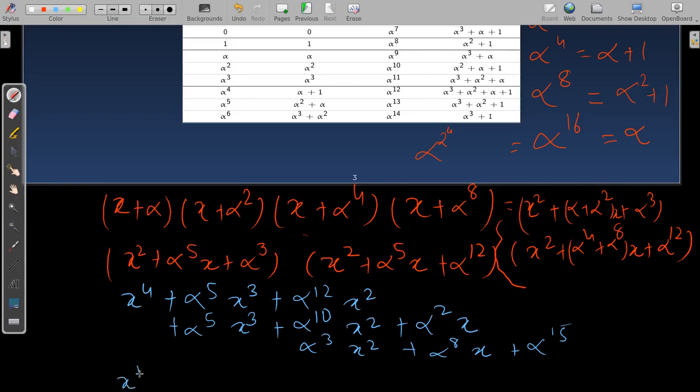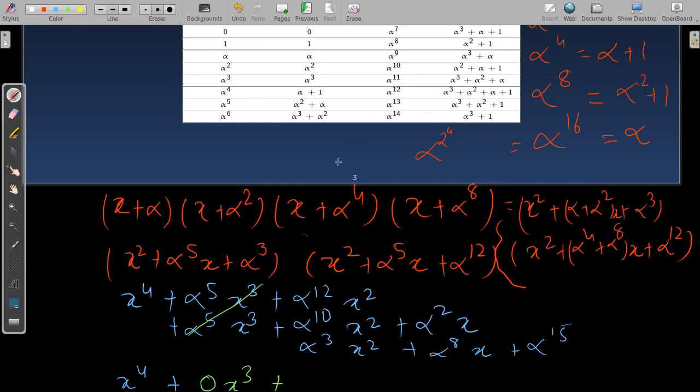Okay, so again one can see that the result is going to be x⁴ plus, now these two are actually going to cancel each other, so we'll have 0 times x³, which is basically equal to 0. And then if we add these three together, you see here that α¹² is basically equal to α³ + α² + α + 1, right?